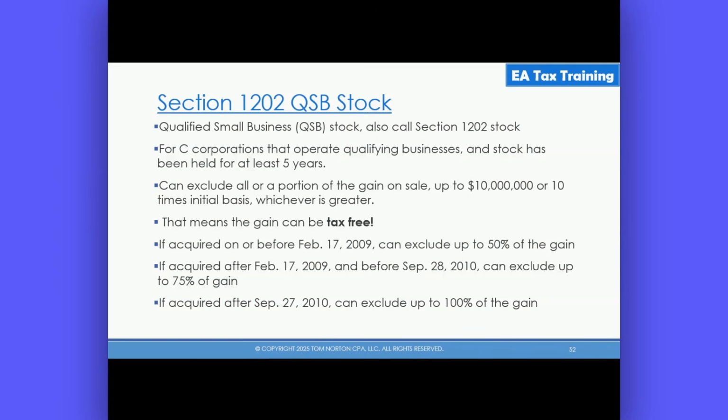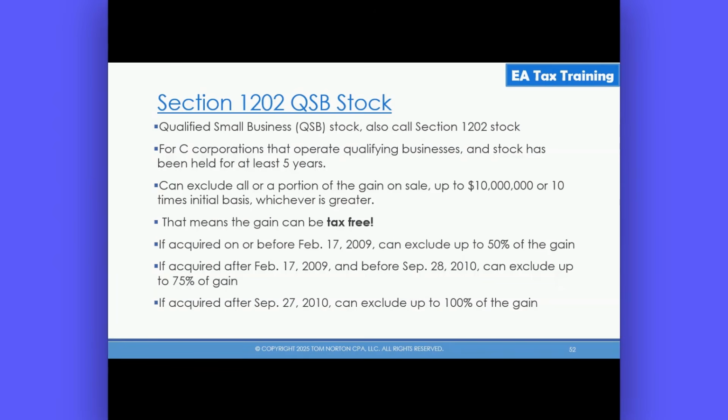So it has to be a qualifying business, and the stock has to have been held for at least 5 years. And remember, it has to be a C corporation. So you have to have all of those things, and there are other rules as well. If you meet all of those rules, you can exclude all or a portion of the gain up to $10 million. That is not a typo.